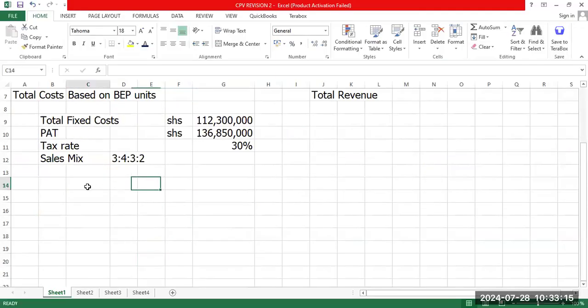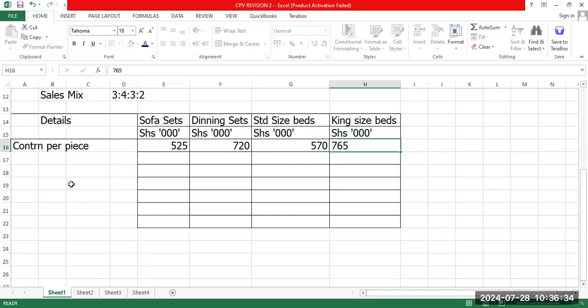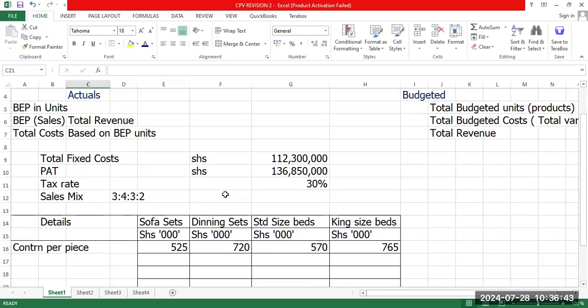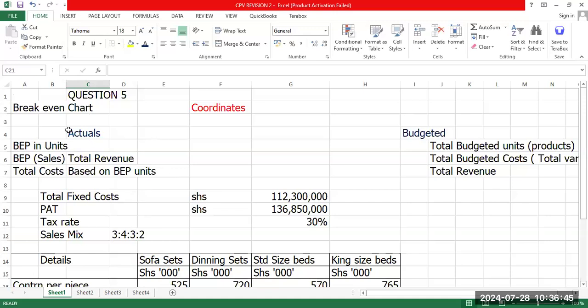Then we put, remember, as you work, what are you interested in, colleagues? My interest is to get the break-even point in units, the total from all products. Because remember, on a break-even chart, we don't put every product.